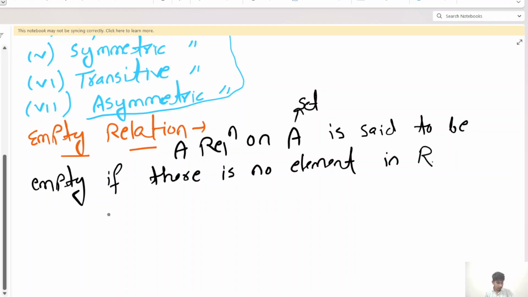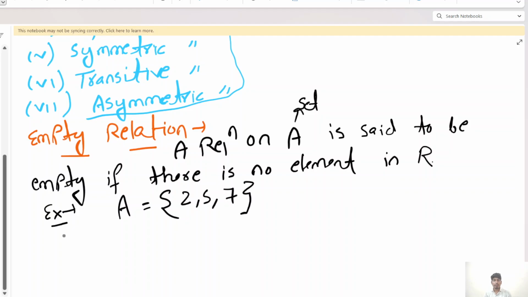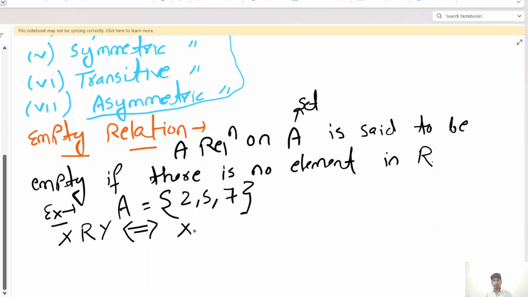Let's take an example. Let set A be {2, 5, 7}, and define a relation: x is related to y if and only if x divides y and x is not equal to y.